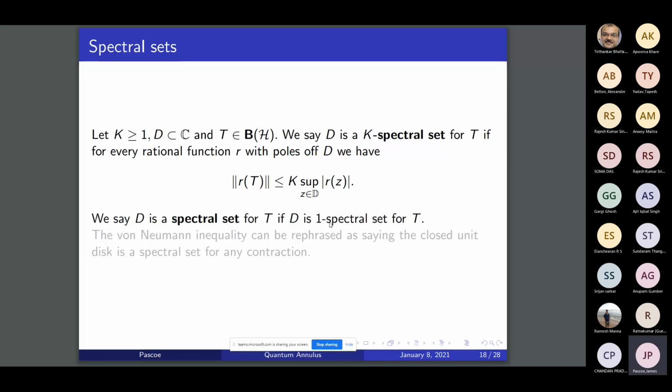So we say that D is a spectral set if D is a 1-spectral set for T. So the von Neumann inequality can be rephrased as saying that the closed unit disk is a spectral set for any contraction.